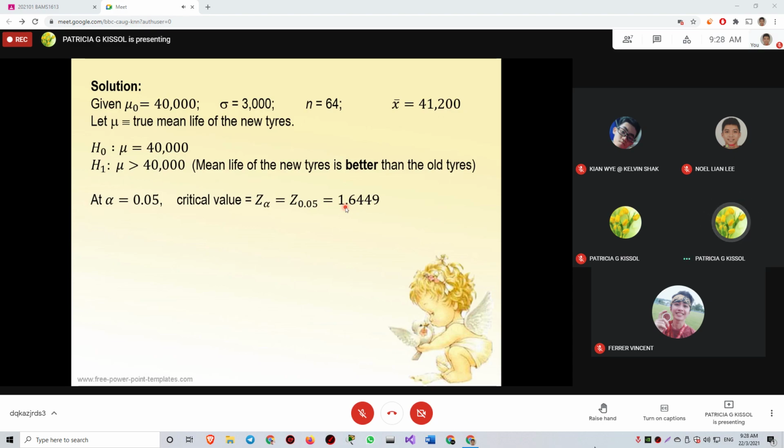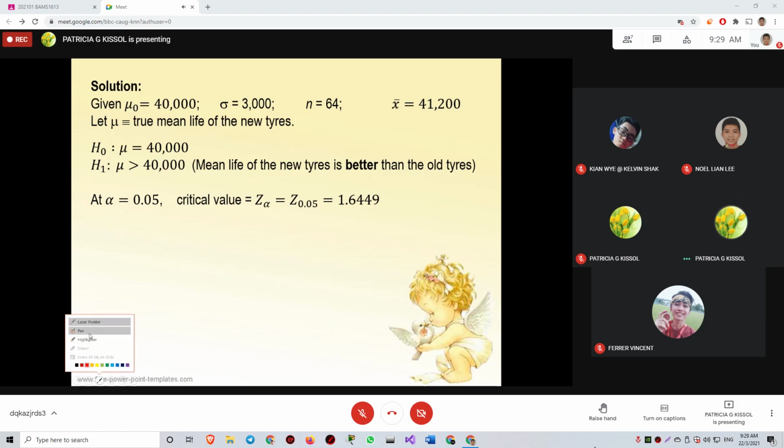I hope you can see it is 1.6449. And of course, because this is a one tail and it's greater than, meaning it's a right tail, we don't put negative to the Z. It's basically a positive value.